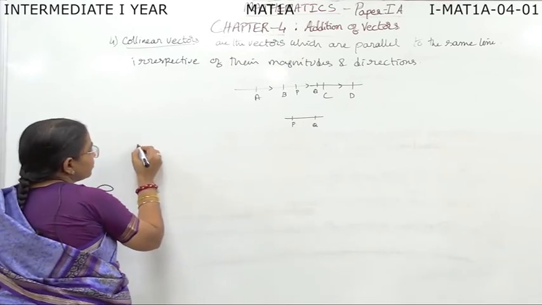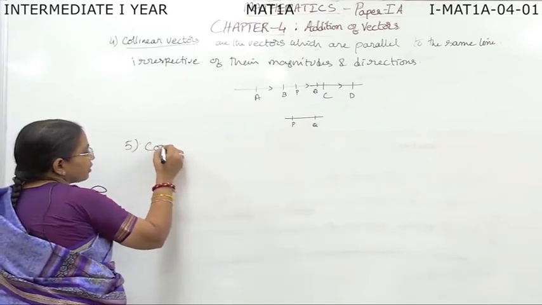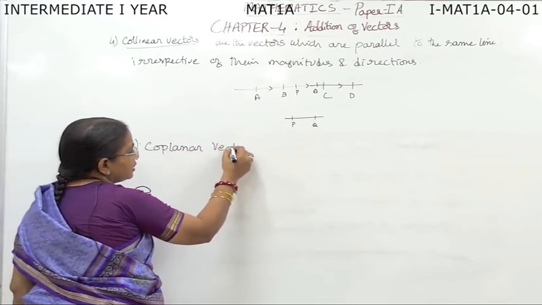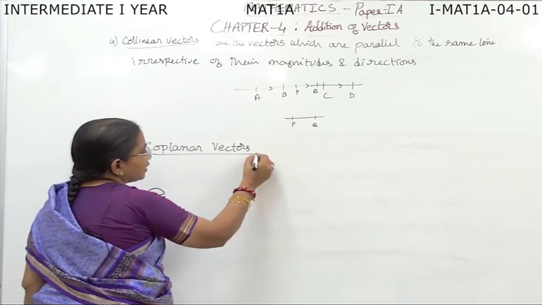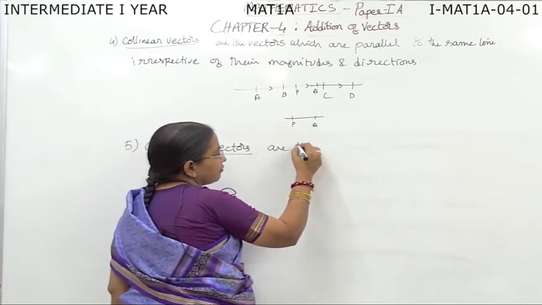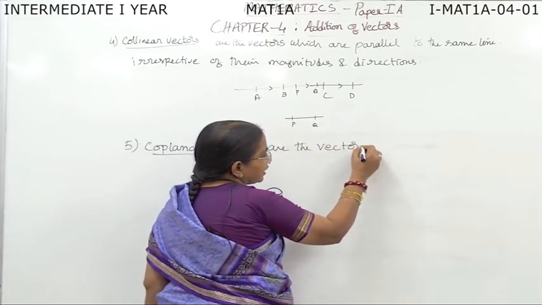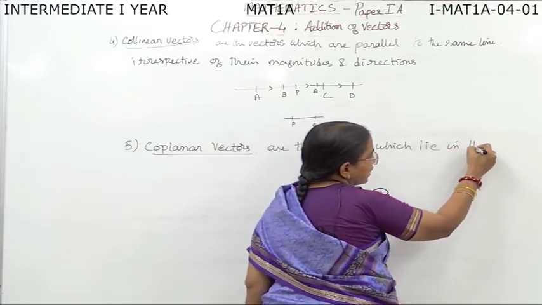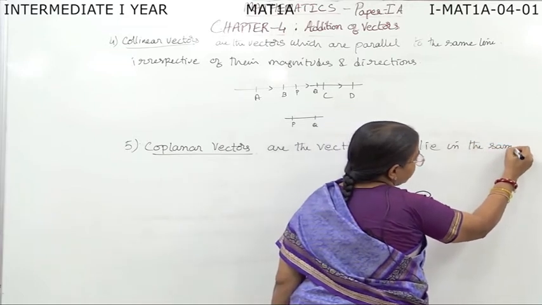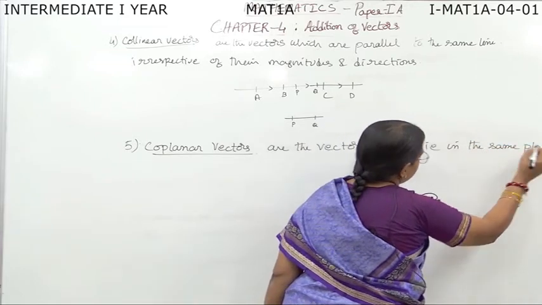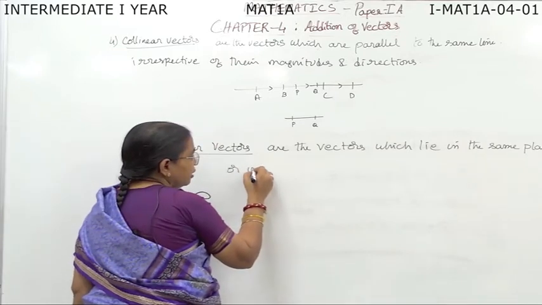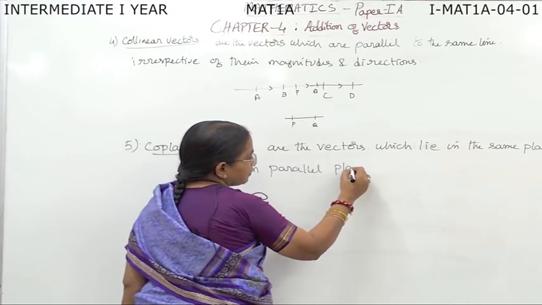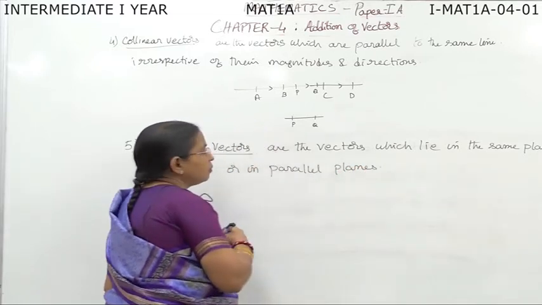The fifth one is coplanar vectors. Coplanar vectors are the vectors which lie in the same plane, or in parallel planes. Even if they lie in parallel planes, they are considered as coplanar vectors.